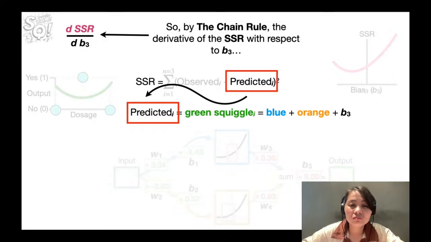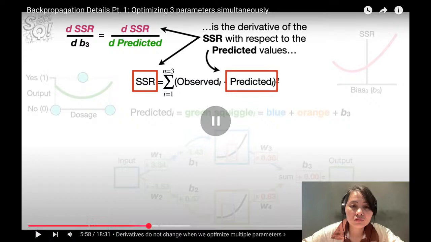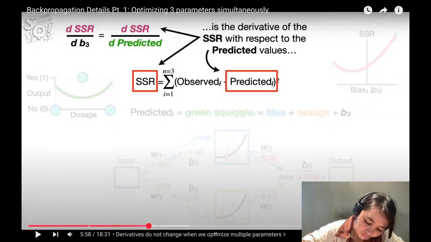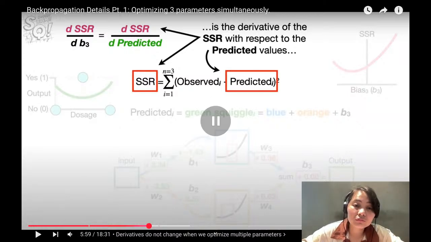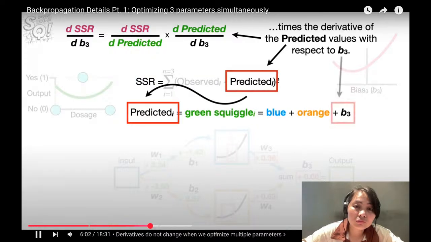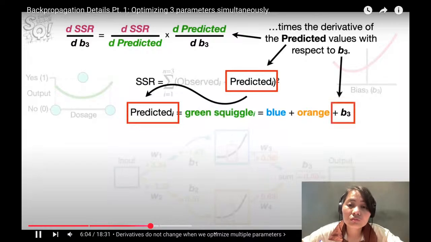So, by the chain rule, the derivative of the sum of the squared residuals with respect to b sub 3 is the derivative of the sum of the squared residuals with respect to the predicted values times the derivative of the predicted values with respect to b sub 3.